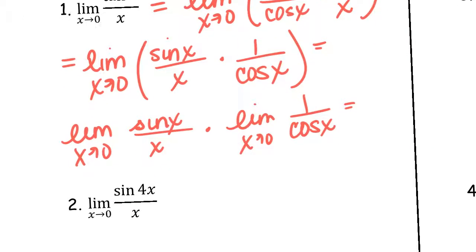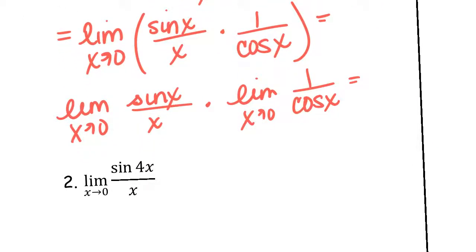I know the limit of sine x over x as x approaches 0 is going to be 1. And if I substitute in 0 into cosine of x, then cosine of 0 is 1. So the limit of 1 over cosine of x is going to be 1. And so finally, this limit is actually going to be 1.